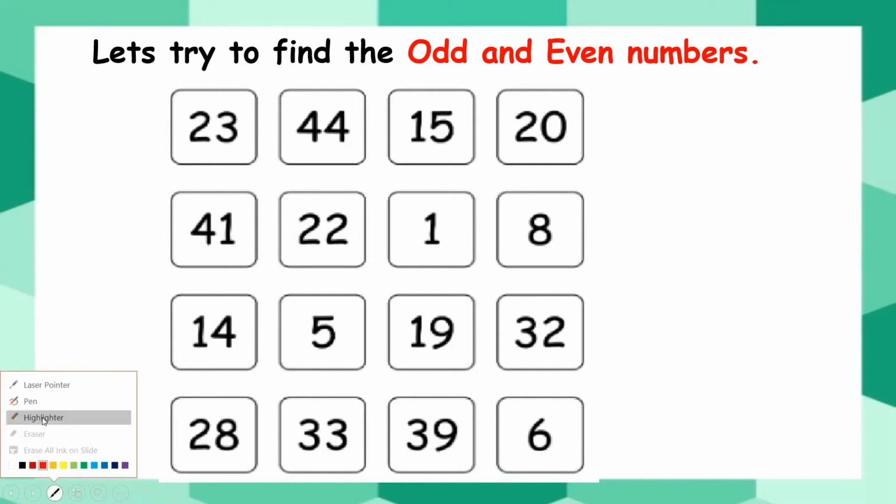Next, it is 44. 4 is in the ones place, so it is an even number. How about the next one? 15. Number 15 has 5 in the ones place, so it is called an odd number. 20. Okay, 20 has 0 in the ones place, so it is an even number.